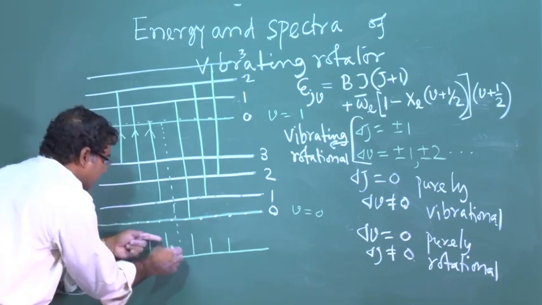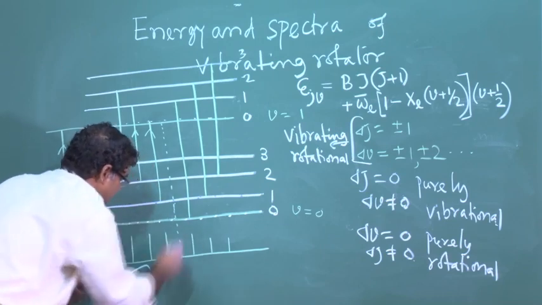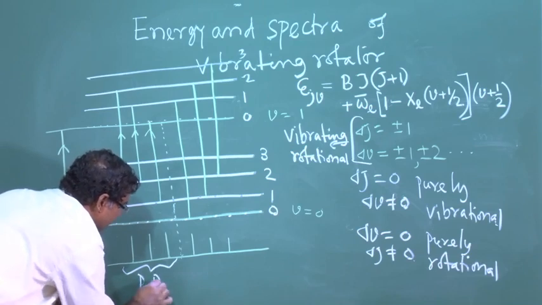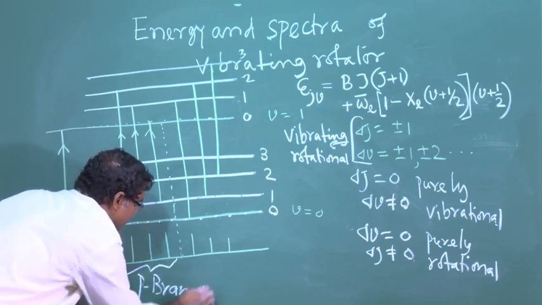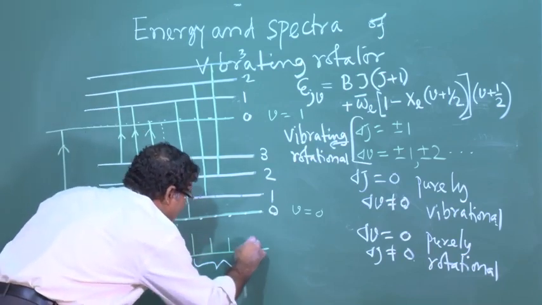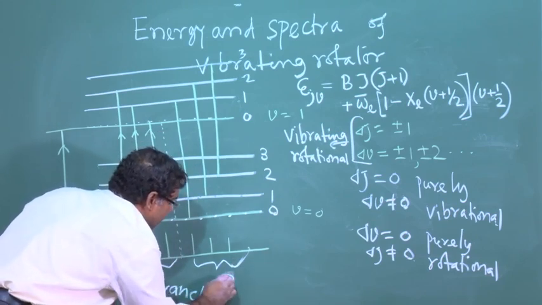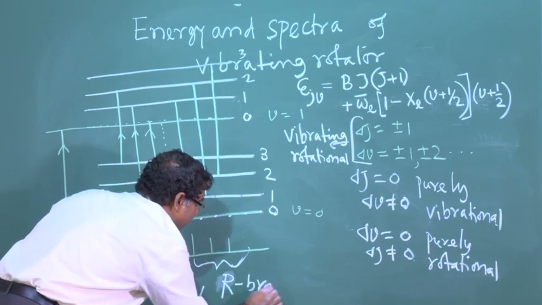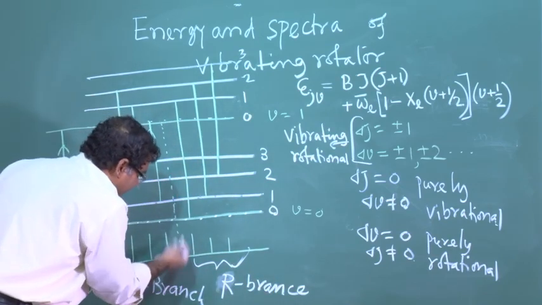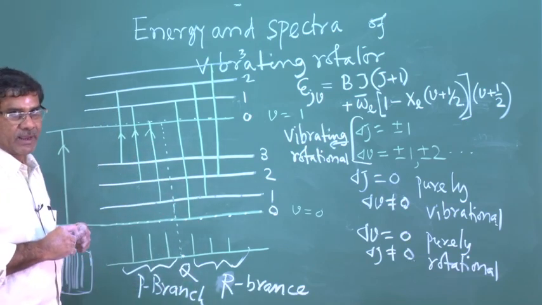This is called the P branch, and this higher wave number side is called the R branch. In the middle, it is not there, but if anything is there, then it is called the Q branch, Q line.